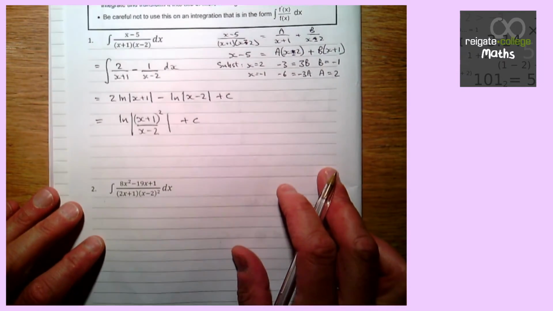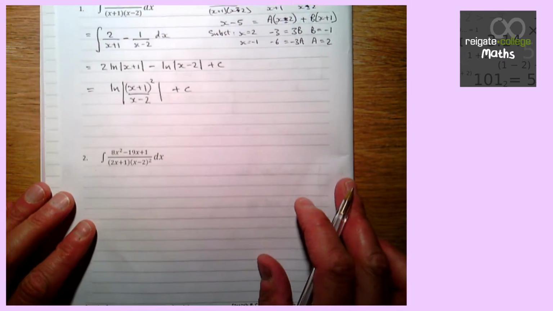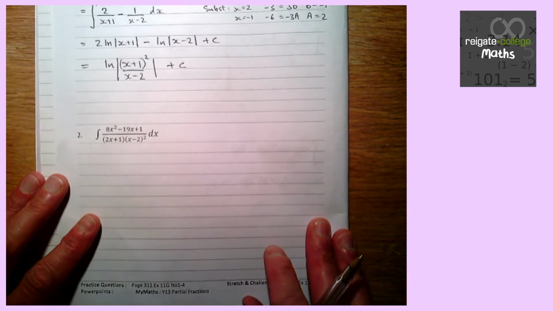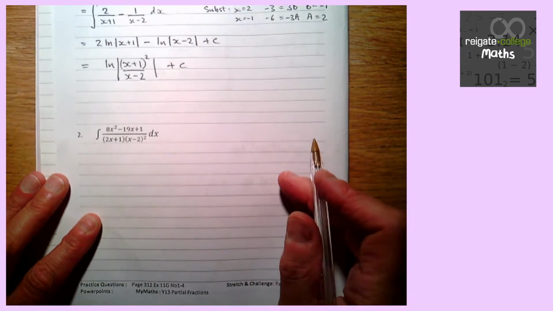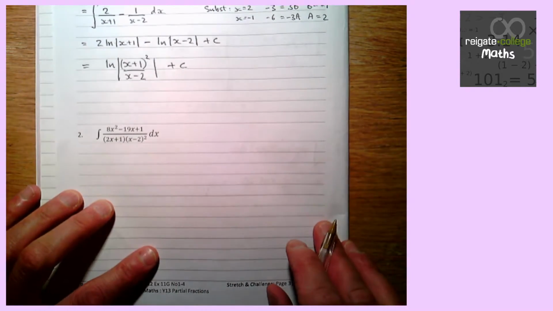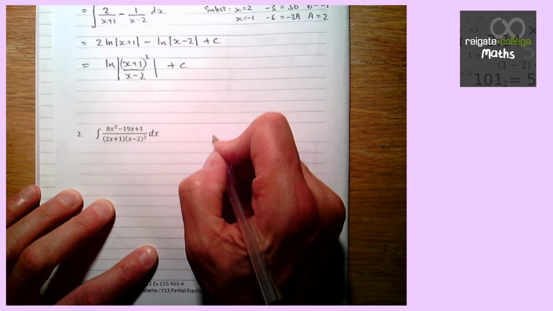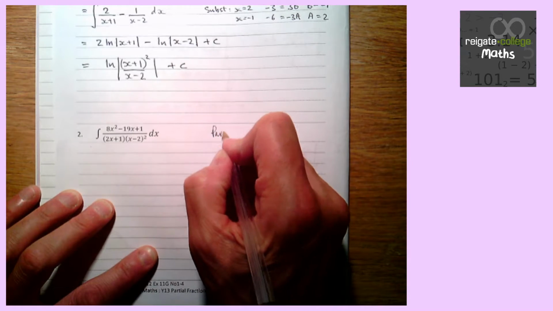Let's go to question 2 now, and to keep this video from getting overly long, I'm not going to work through the partial fractions here. Again, I would suggest that you do your partial fractions working here.